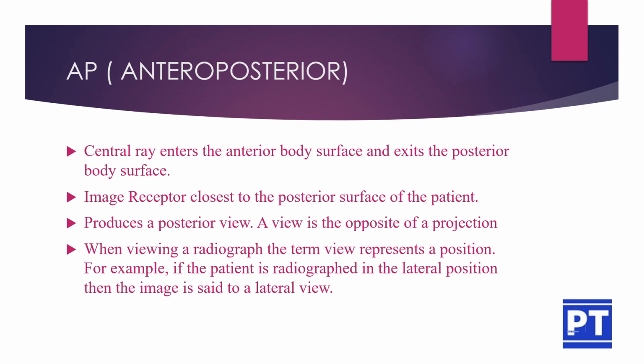It is a simple hint to remember what is meant by anteroposterior. The central ray enters the anterior body surface and exits the posterior body surface. The image receptor is closer to the posterior aspect of the patient, producing a posterior view. A view is the opposite of a projection.